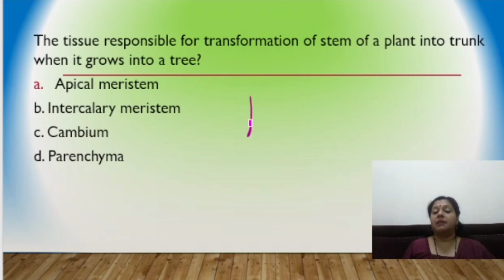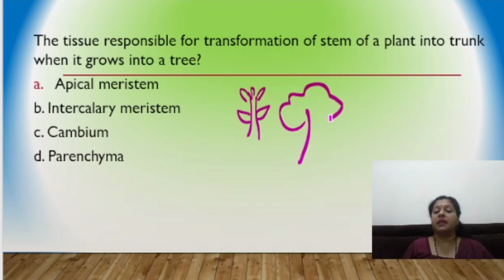See, from a small herbaceous plant, when it becomes a huge tree, the stem from the soft condition becomes a thick trunk. So this is due to a process called secondary thickening. The tissue responsible for this is cambium.